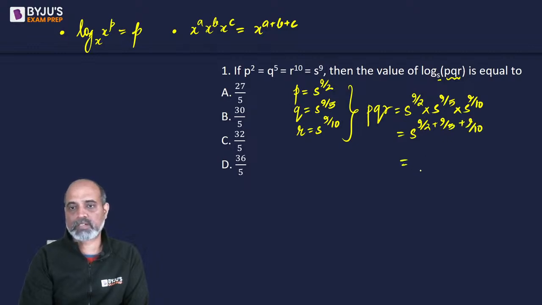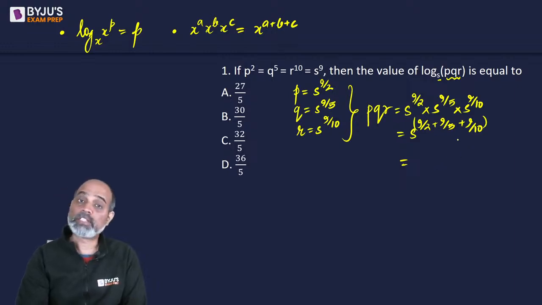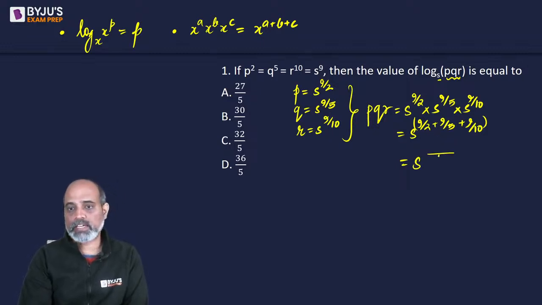Now, if we look at the powers, they are fractions where the denominators are 2, 5 and 10. So we'll take the LCM of 2, 5 and 10. So this changes to 10 being in the denominator throughout, and this 9, let's take out common. So we'll be having 5, and then we will be having 2, and then we'll be having 1. So this results in 8.